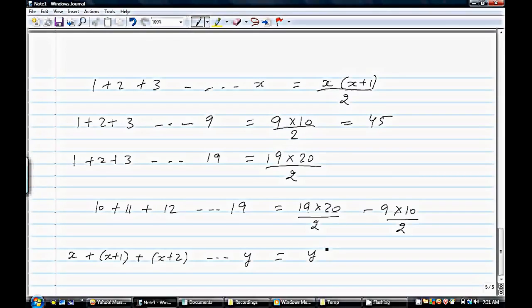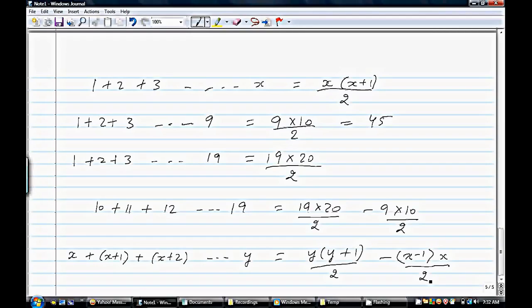That will be y into y plus 1 divided by 2, minus numbers from 1 to x minus 1. Remember, we have x in the series, so we have to subtract numbers until x minus 1. So that will be x minus 1 into x divided by 2. So this is the general formula.